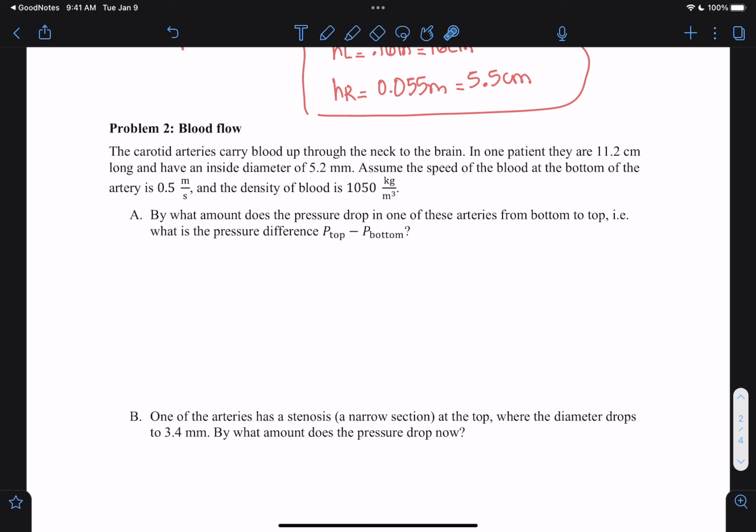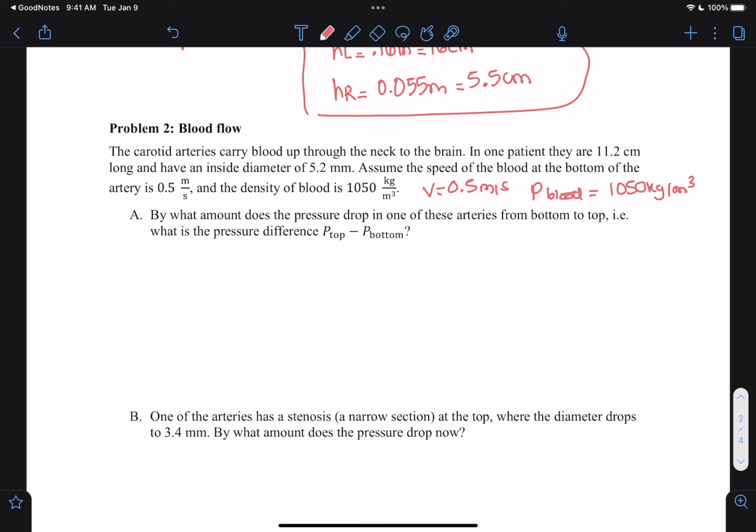The length is 11.2 centimeters with a diameter of 5.2 millimeters.